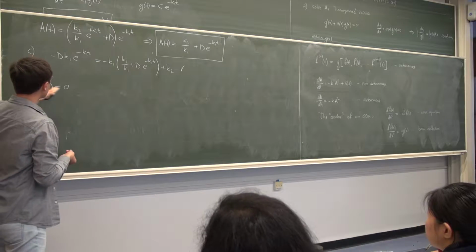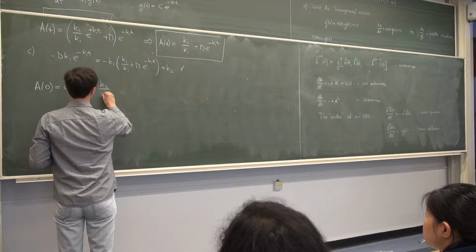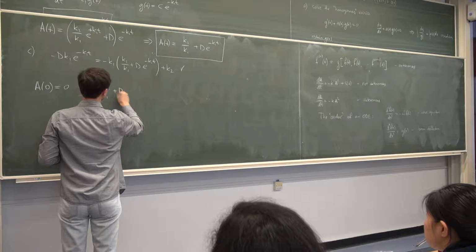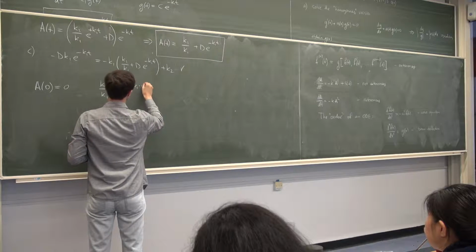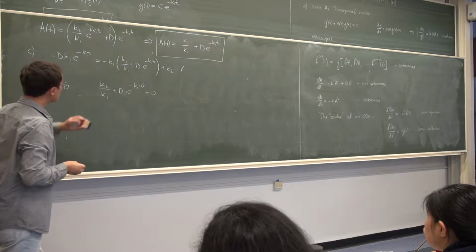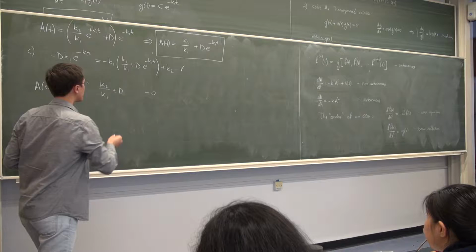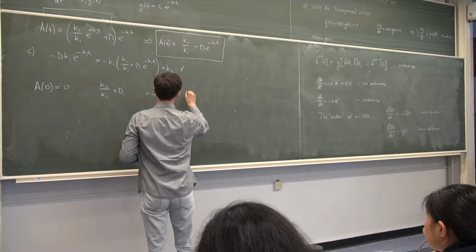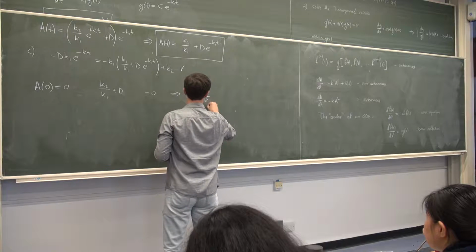Okay, let us say that is true, so what we must have is K2 over K1 plus D e to the minus K1 times 0 must be equal to 0. Well, the exponential of a 0 is 1, and so that disappears, and of course this simply means D is equal to minus K2 over K1.